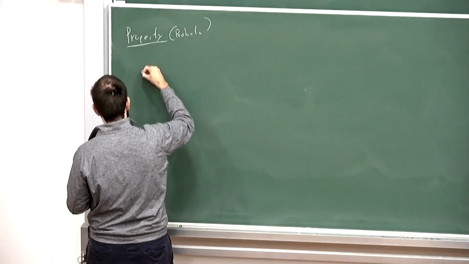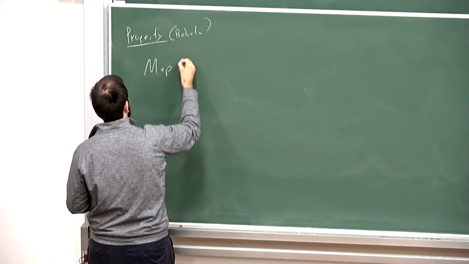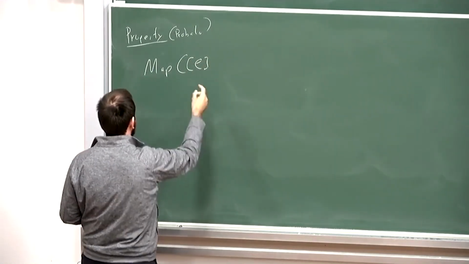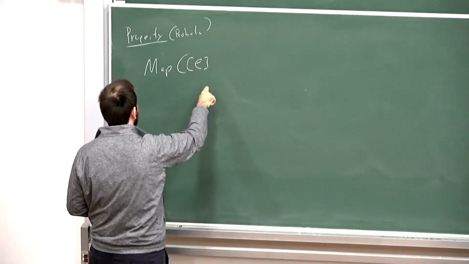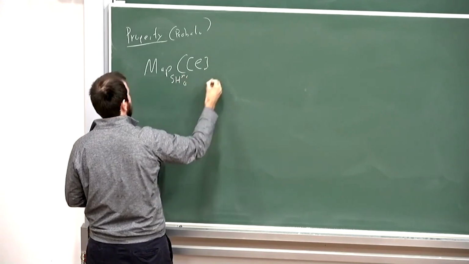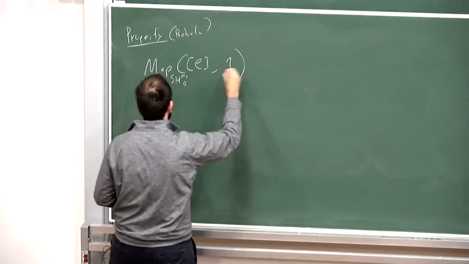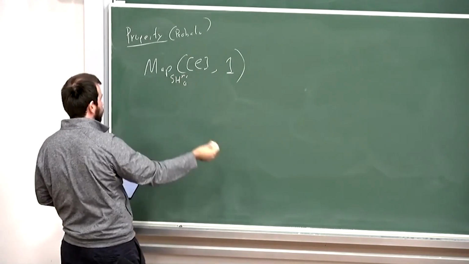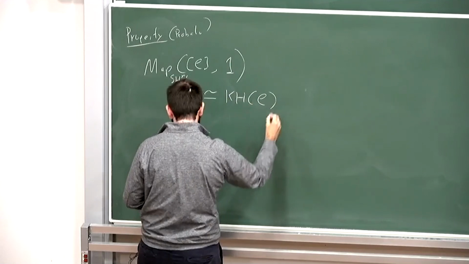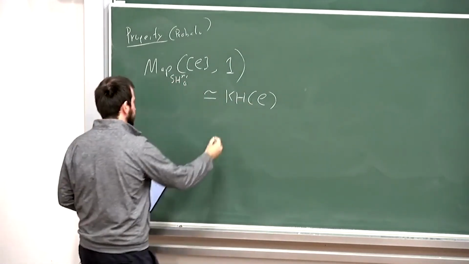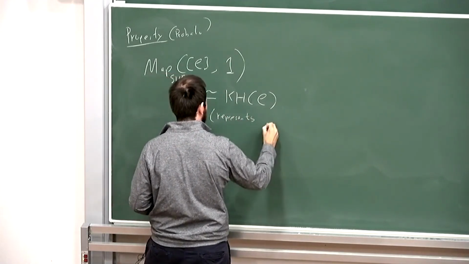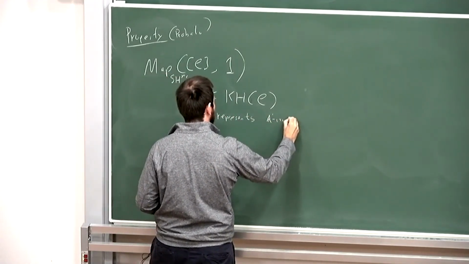So given a C-linear DG category, you get an object in SH(C), and if you take maps to the unit, this is stable, so this will be a spectrum, and this is exactly the homotopy invariant K-theory of C. So it represents homotopy invariant K-theory, or A1-invariant.